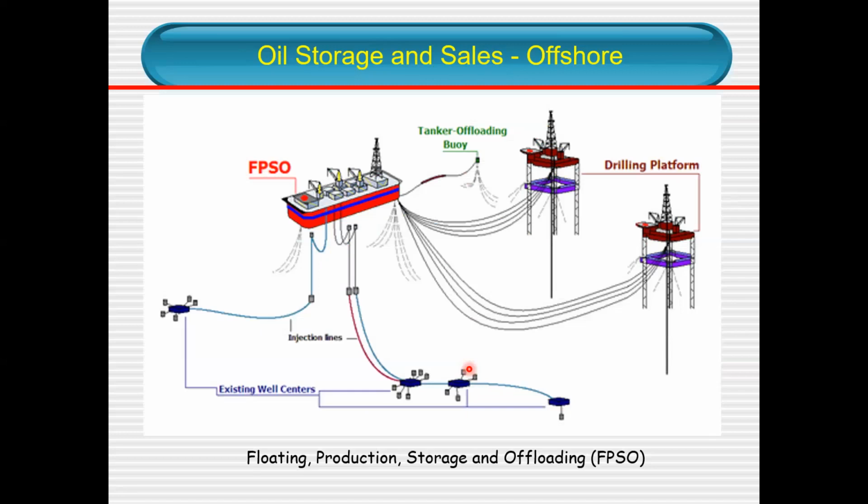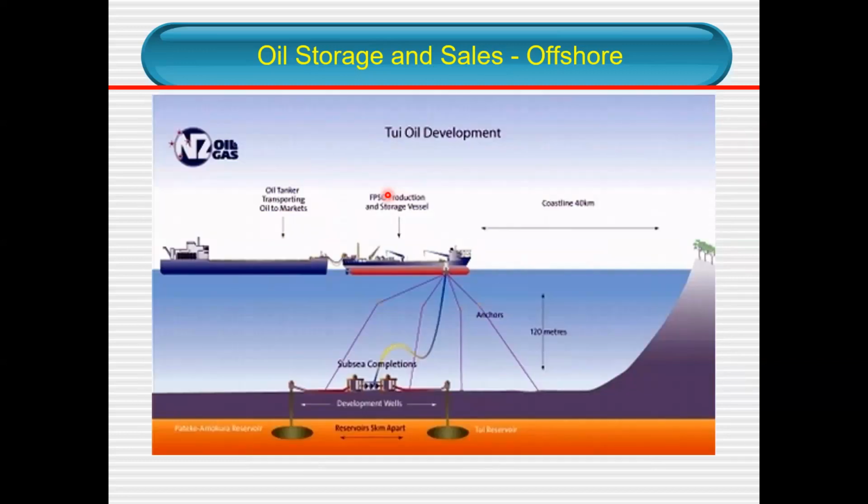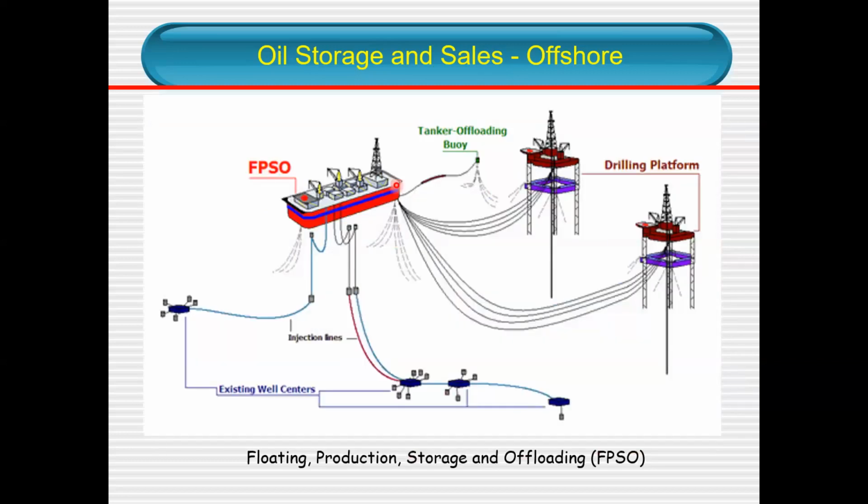These are just some schematics. This is the FPSO. These are basically the drilling platform where you drill and the crude oil is coming to the surface before it is being transported from the platform to the FPSO to store the crude oil. At the same time, this is just some schematic diagram where you don't even have a platform.